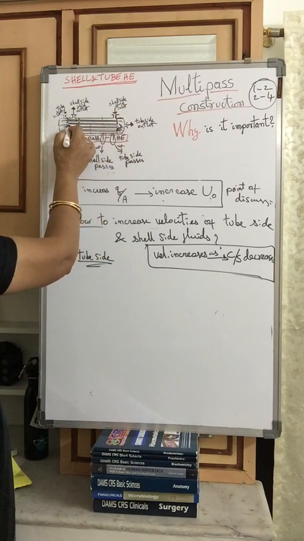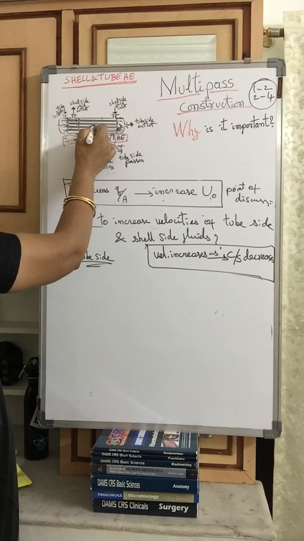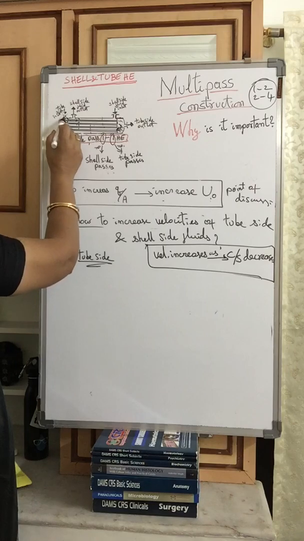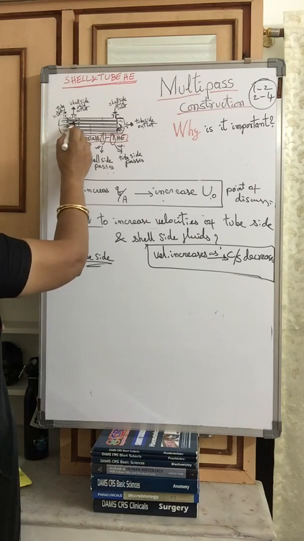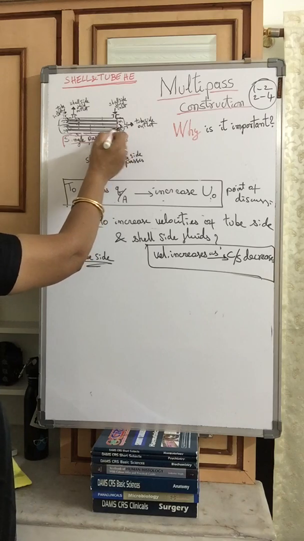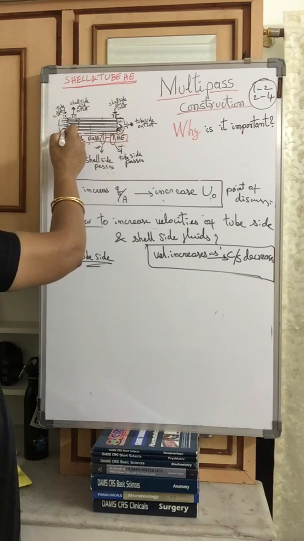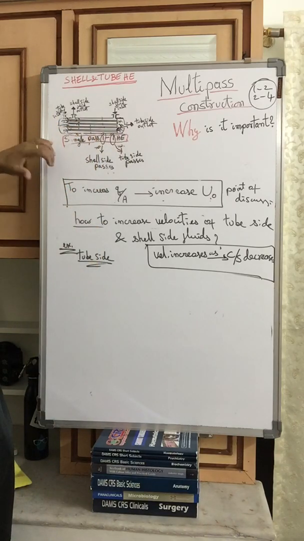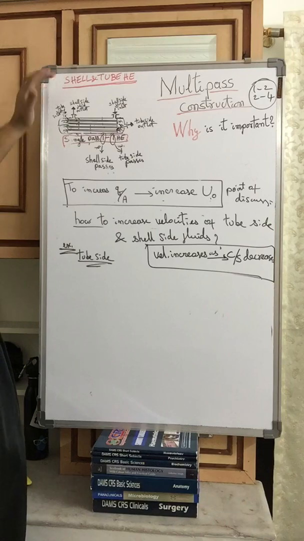In the same way, if you keep one baffle plate here, this will also become multipass. That means suppose tube side fluid after entering here flows once, then takes a turn, and again flows here twice. How many times is it passing? Two times it is passing.